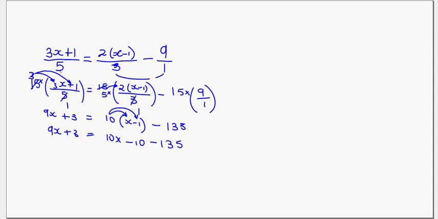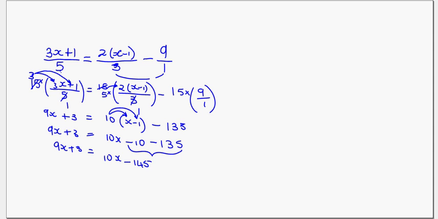Then what do we do next? Let us work out this part here to simplify it. So you have 9x plus 3 is equal to 10x, minus 10 minus 135 is minus 145. Remember, you add the numbers and keep the common sign.